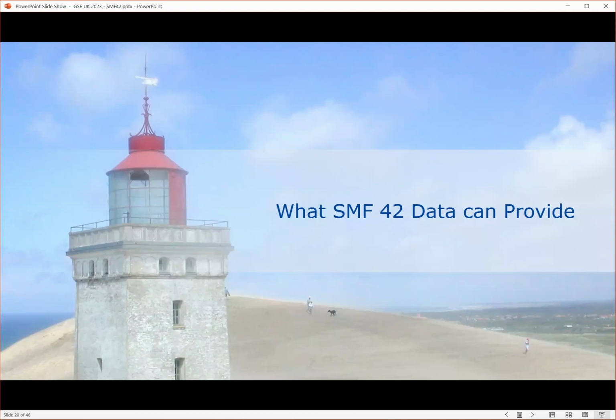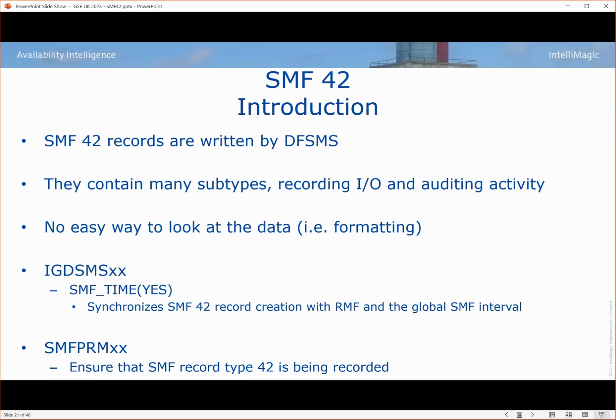So let's get to the SMF 42 data finally. Namely, SMF 42 data written by DFSMS, many, many different subtypes and auditing. And unfortunately, there's no easy way to look at this data. I've included PARMLIB members, IGDSMSxx and SMFPRMxx.